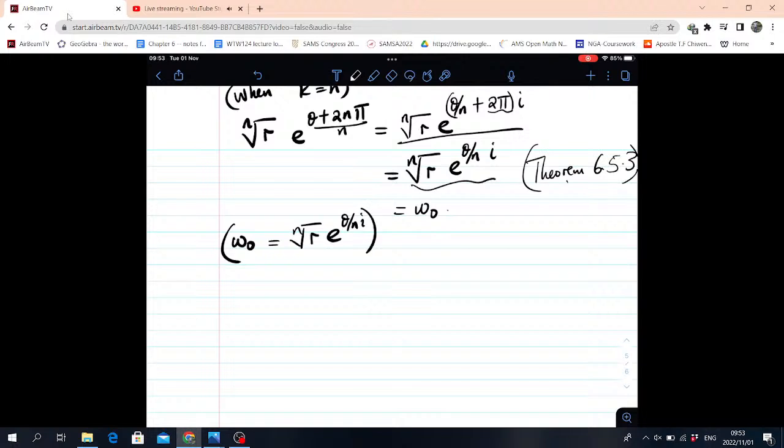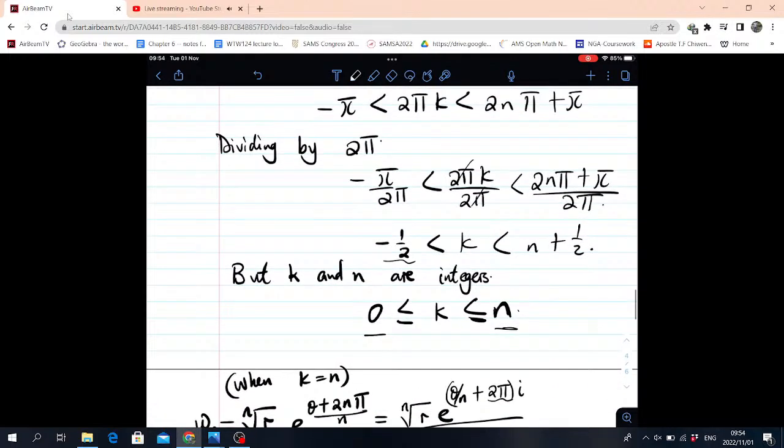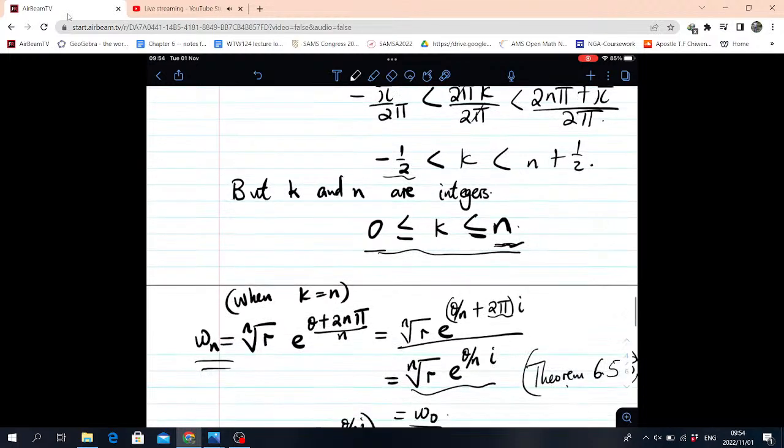So in other words, w n is equal to w naught, right? We can remove one of them because we are talking of the same complex number. And so once we are able to discard n, we can say that k is between 0 and n minus 1.